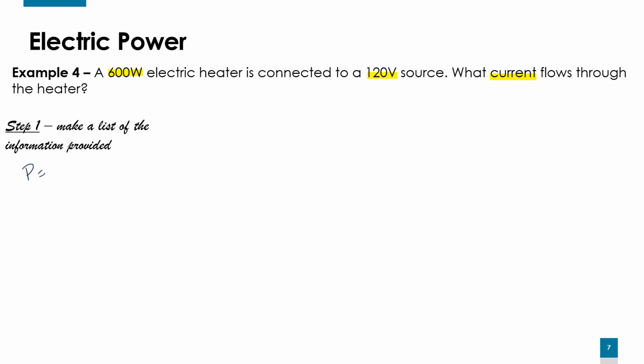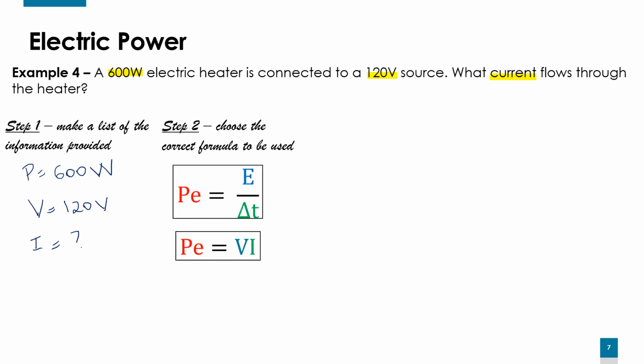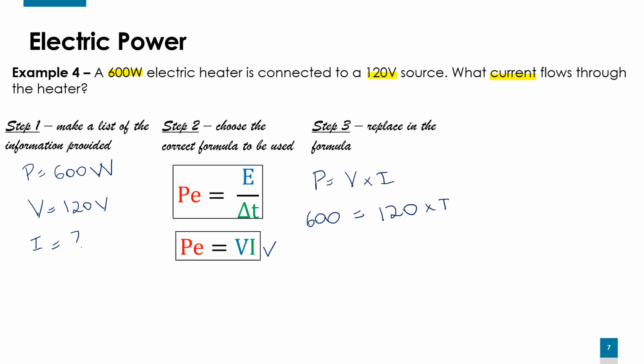So power 600 watts, volts 120, and the current, I don't know. Now let's choose the formula. Which one should you use? Second one. Step 3, replacing in the formula. So power equals V times I, power 600, volts the same, 120 times I.